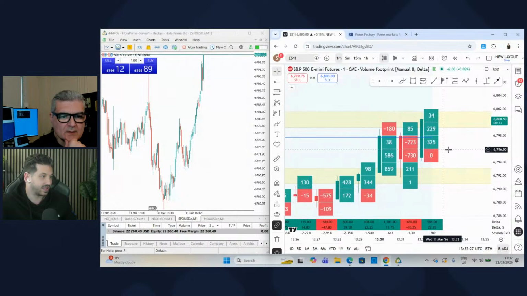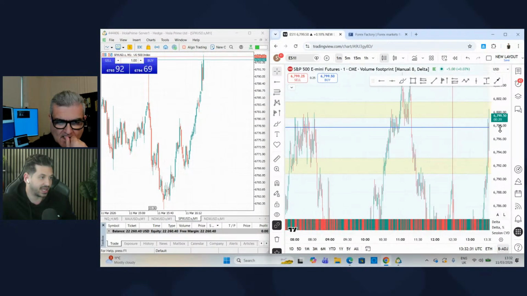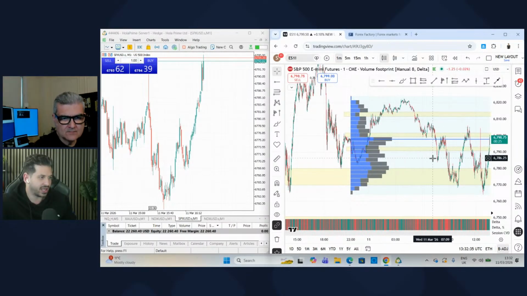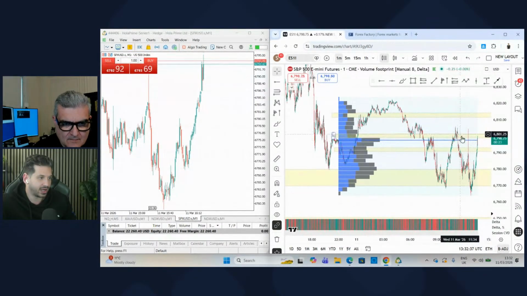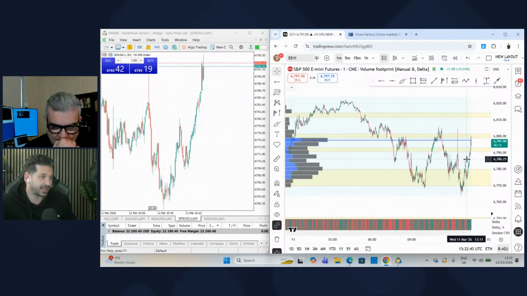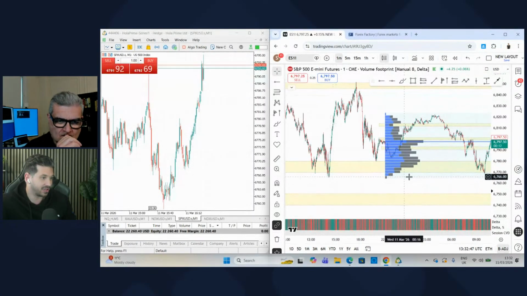My thinking here would be a lot of people are interested in selling naturally because they're looking at this market saying it's a good time to short, we're near the highs here. But we've also got a lot of people interested in buying, expecting that we're rotating back because we're down at these lows.